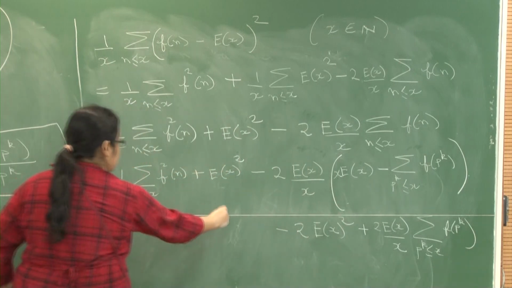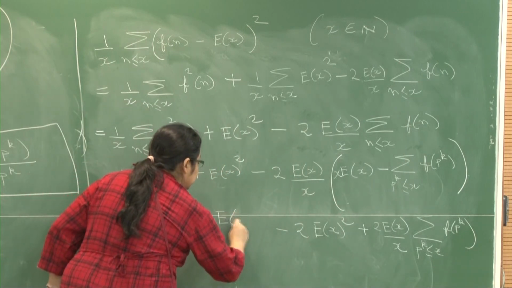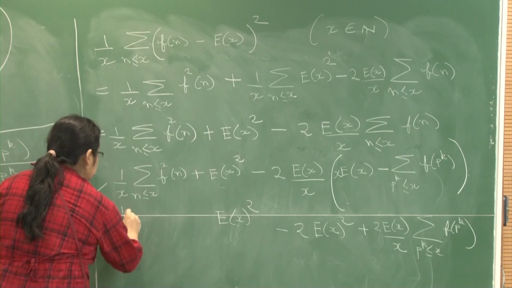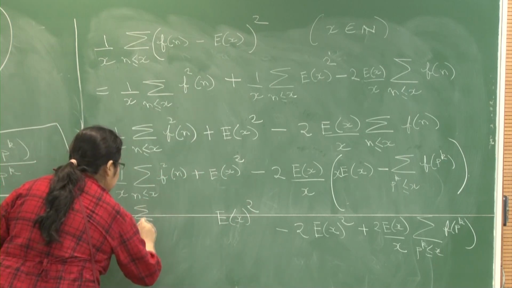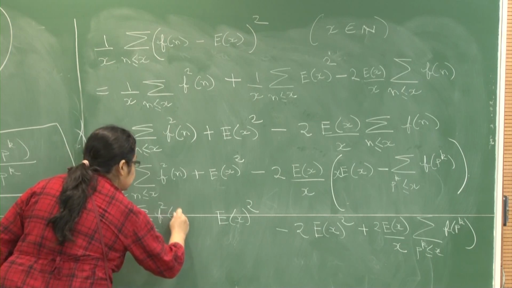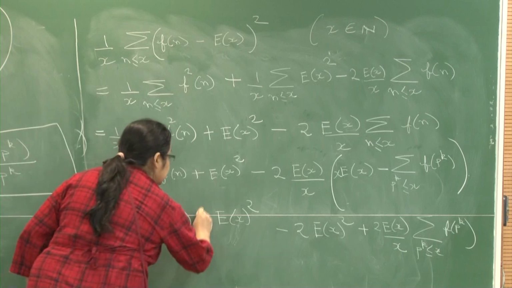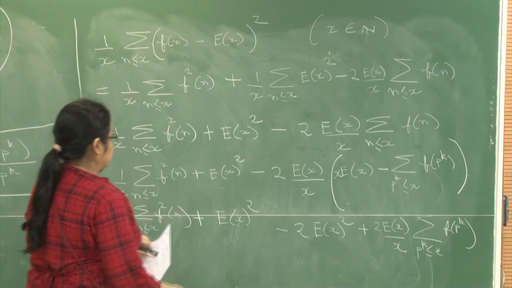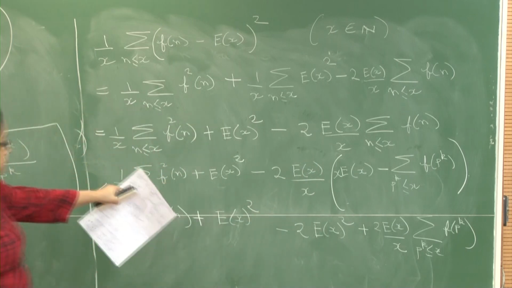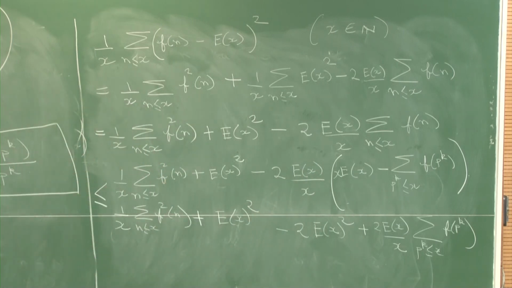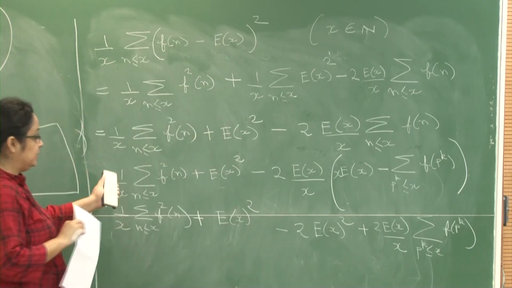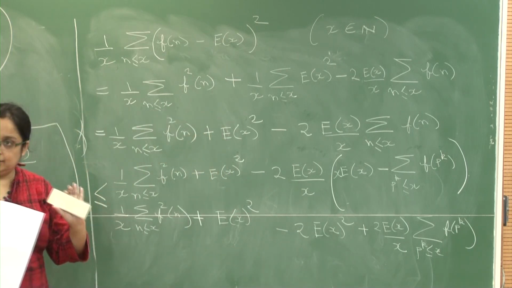And this is of course E of x whole square, and then f square of n plus E of x whole square minus. There is a slight problem with the alignment, but I think you know where we are going. Now, E of x square minus 2 E of x square is just minus E of x square, all right.